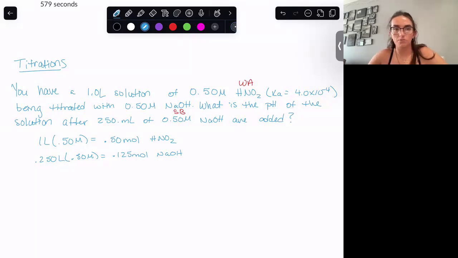Okay, once we have our moles, what is the next thing we need to do? Yep, so you can do an ICF table, or you can just say which one is limiting and go from there.